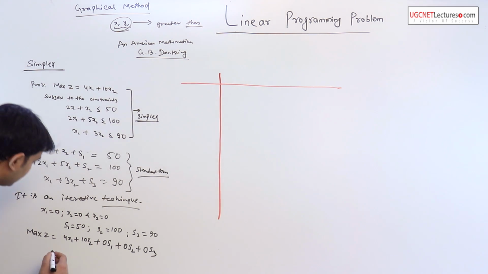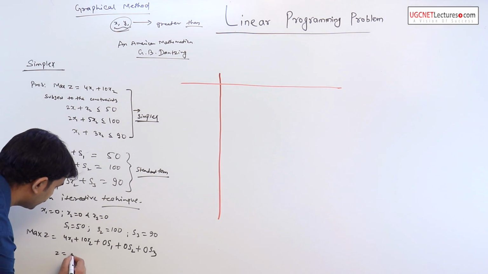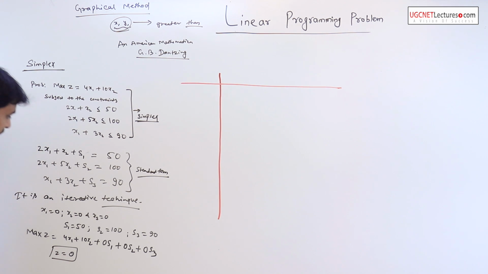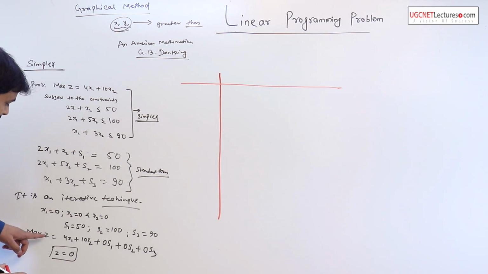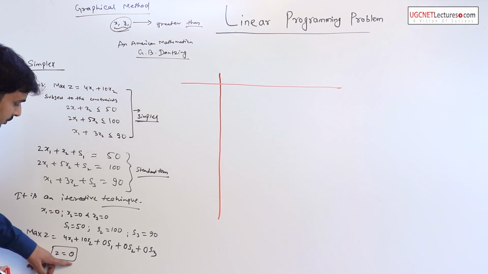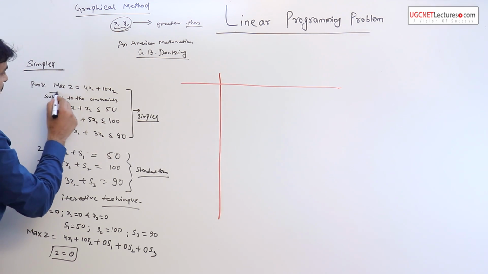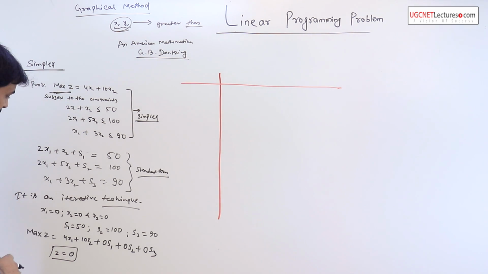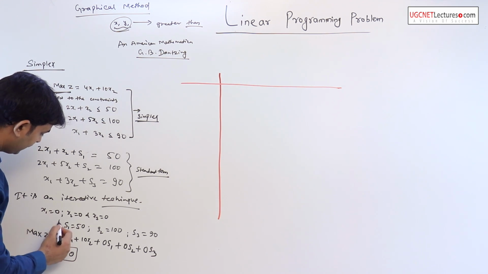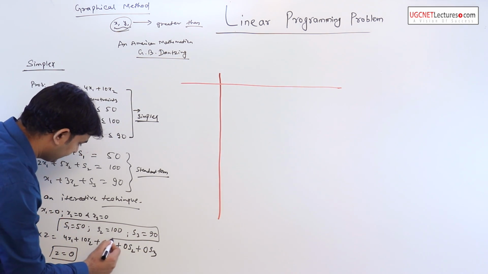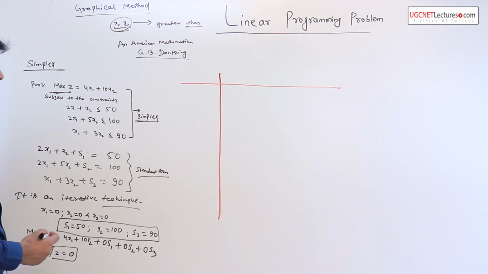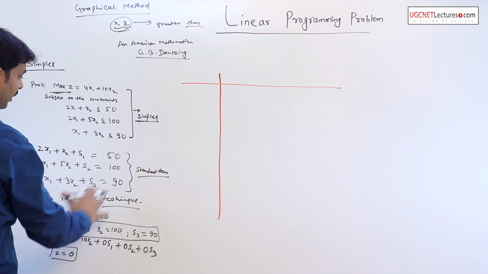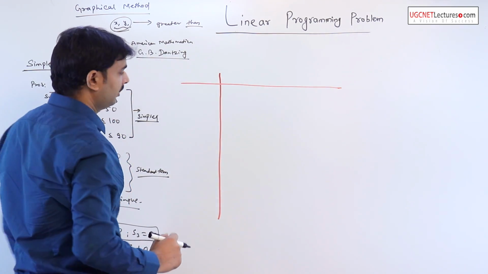So it gives z equal to 0. If we start with x1 equal to 0, x2 equal to 0, the max z equal to 0. Now we have to find the maximization of z, so we can start by taking these as basic variables. How do we put all the things in the table?